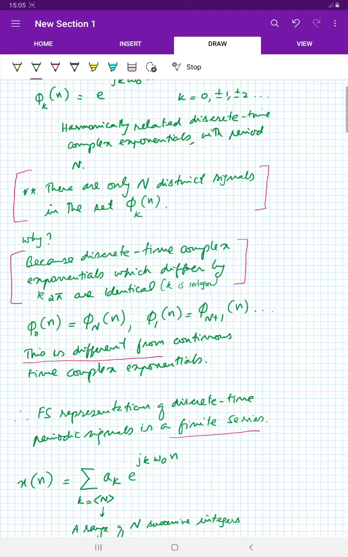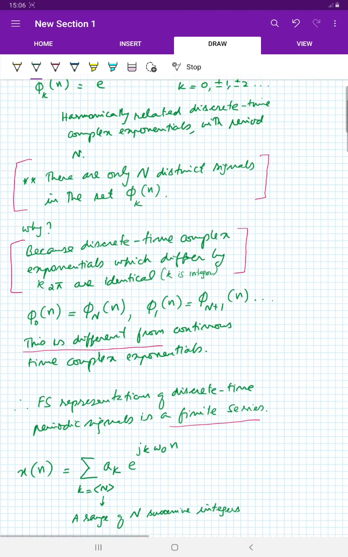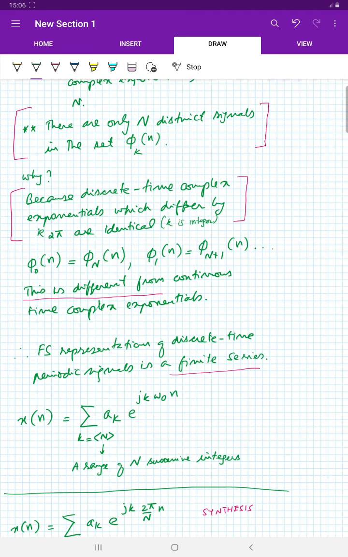So if you look at the set of harmonically related discrete complex exponentials, you get phi 0, phi 1, phi 2, phi 3, phi 4 up to phi N minus 1, because those form the N distinct signals in that set, after which it begins to repeat.